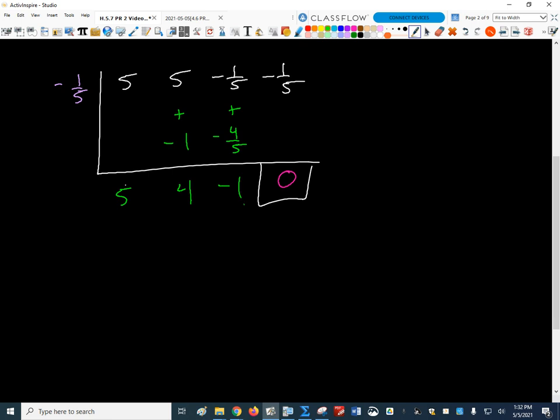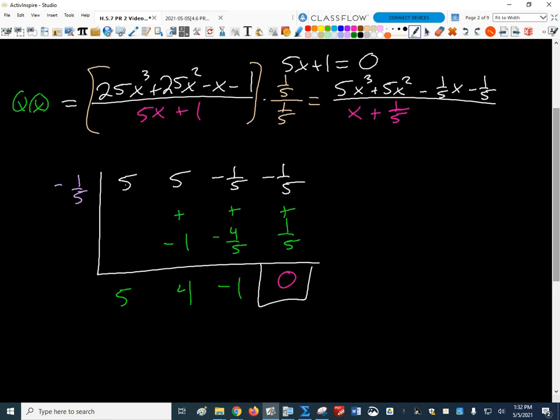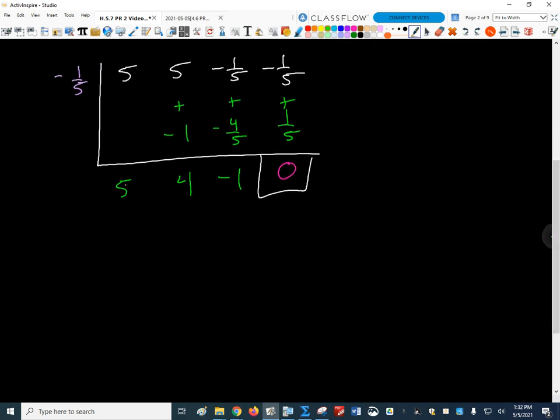And negative 1 times negative 1/5. And sure enough, I get 0, don't I? But look what we did. We got q of x, right? Okay, so we know q of x is given to us by this. So that's just telling us 5x squared plus 4x minus 1, right?